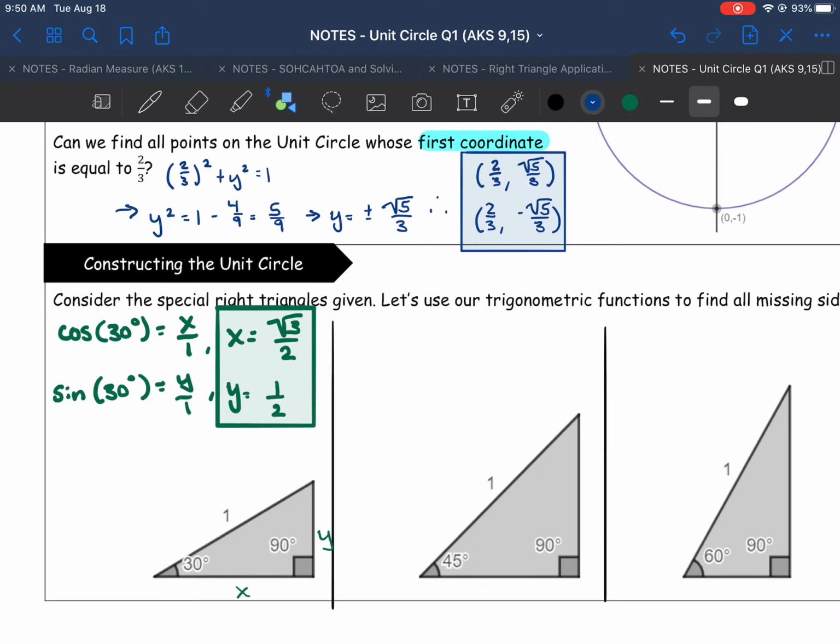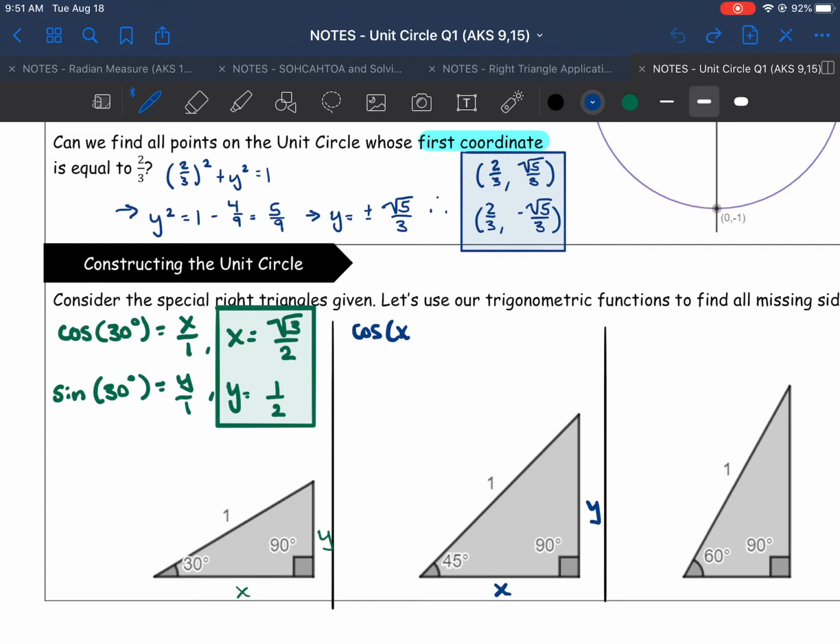In our second special right triangle, we have a 45, 45, 90 right triangle. Let's call this bottom leg x and the horizontal leg y. Using the same process, let's calculate the cosine of 45 degrees.